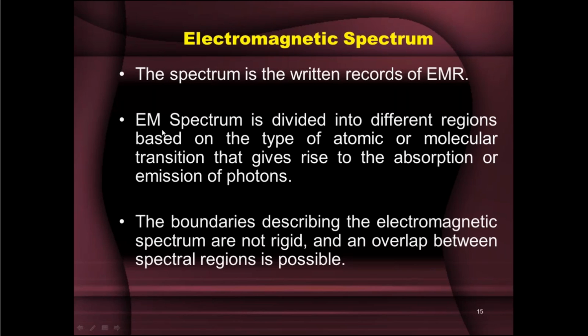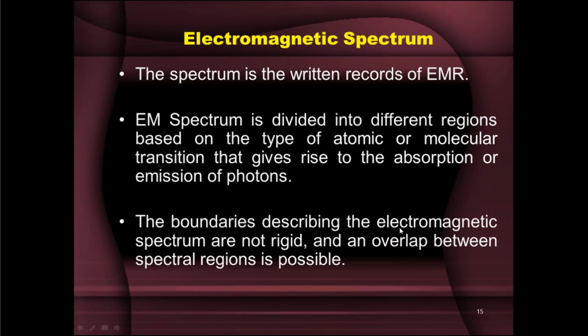I hope you understood this. The whole region of the electromagnetic spectrum is divided into different regions, which are based on the type of atomic or molecular transition that gives rise to absorption or emission of photons. Transitions usually refer to changes in energy levels.